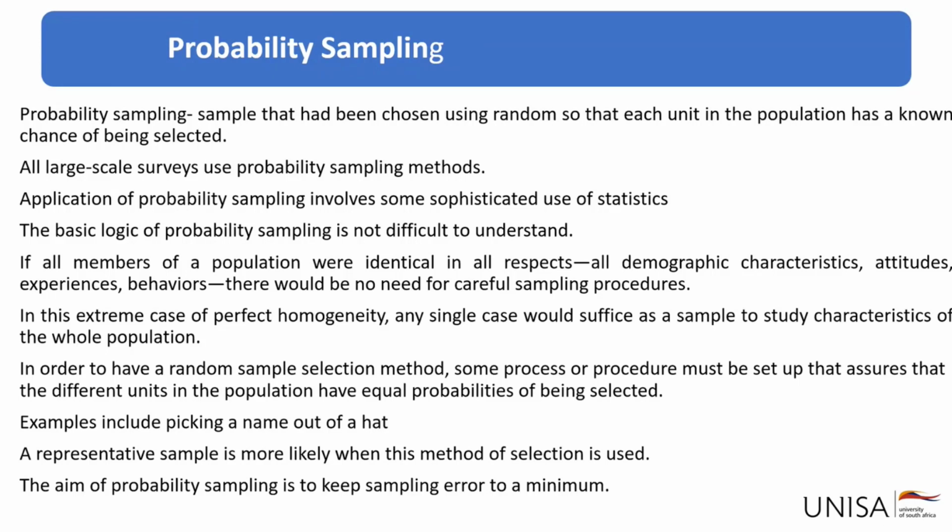Probability sampling, just in detail here, is a sample that has been chosen using random selection so that each unit in the population has a known chance of being selected.